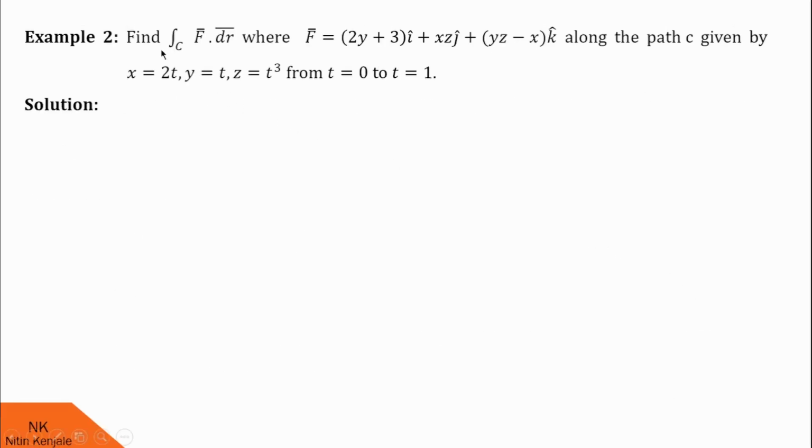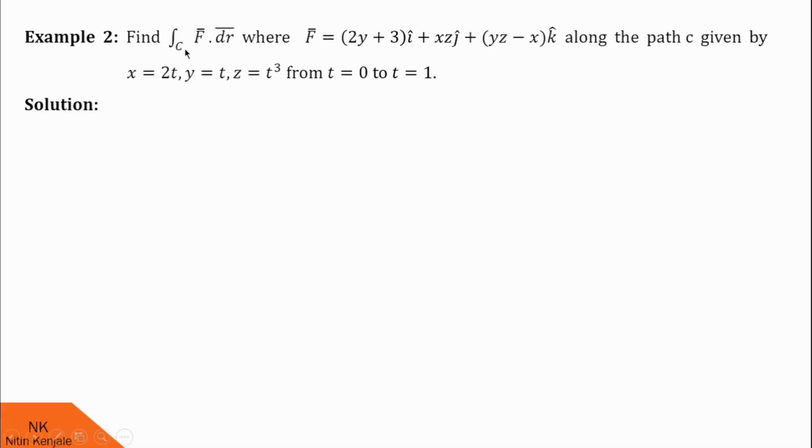To find the value of this line integral, we substitute F bar as this vector, and as mentioned in the previous solution, we replace dr bar by dx i cap plus dy j cap plus dz k cap.